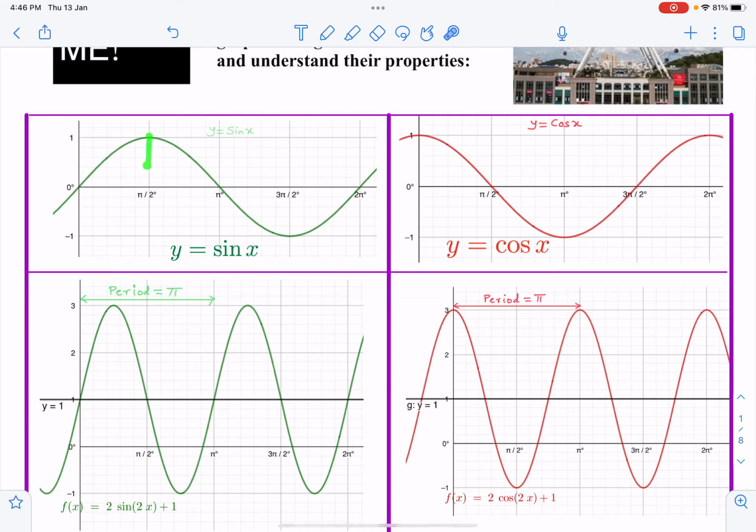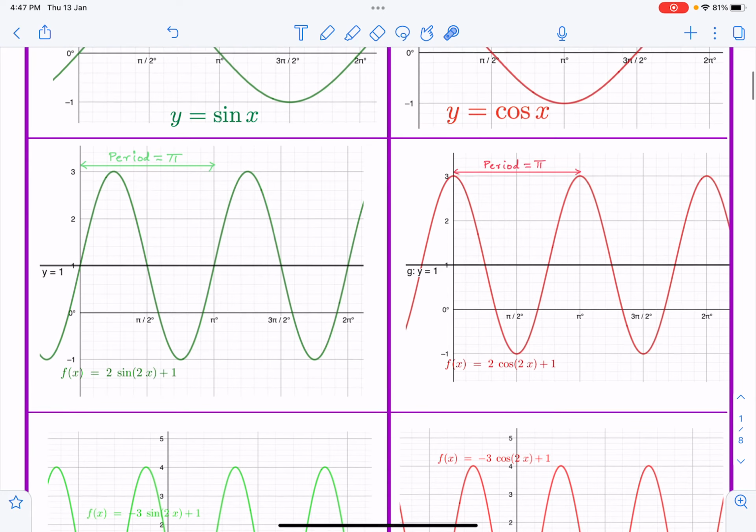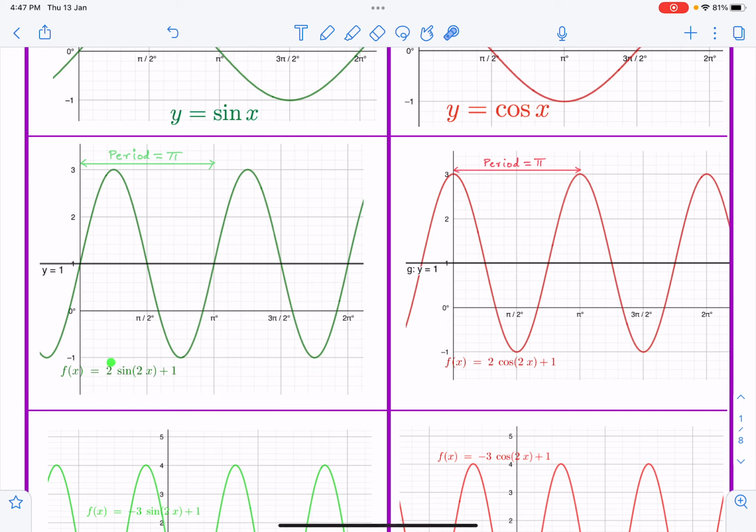Here 1 is at pi by 2, but here the maximum value is 3, sorry if I told you 1, it is 3 here. Why is it 3 again? It is because of this 2 and this 1. 2 plus 1, 3. So the maximum will be 3.